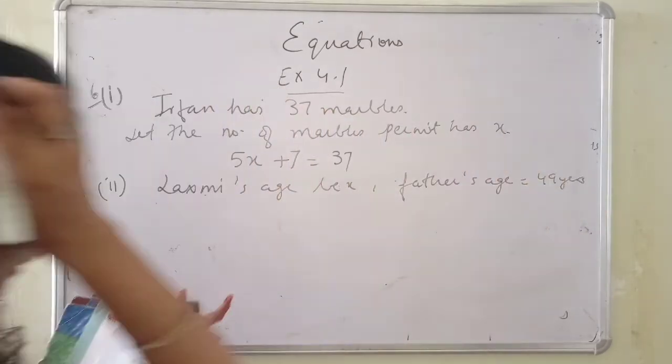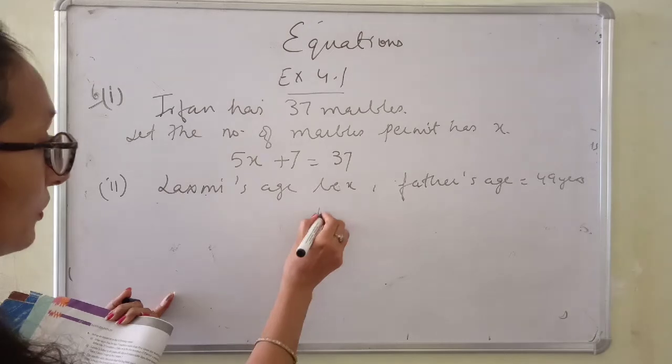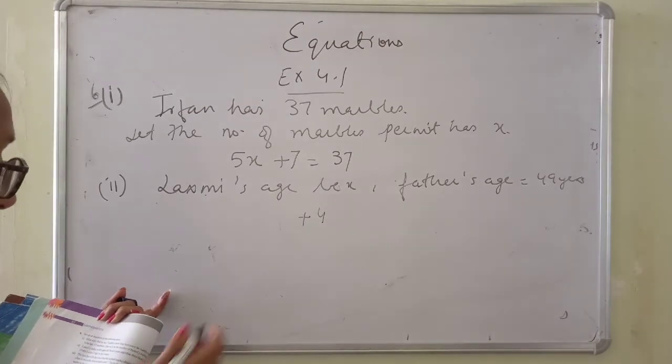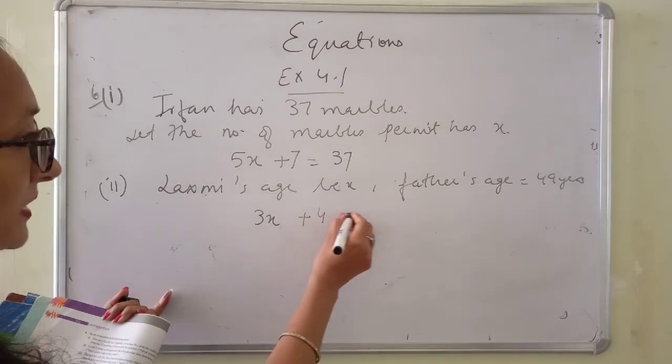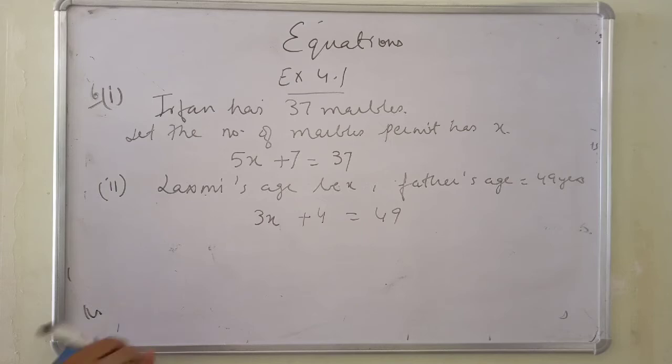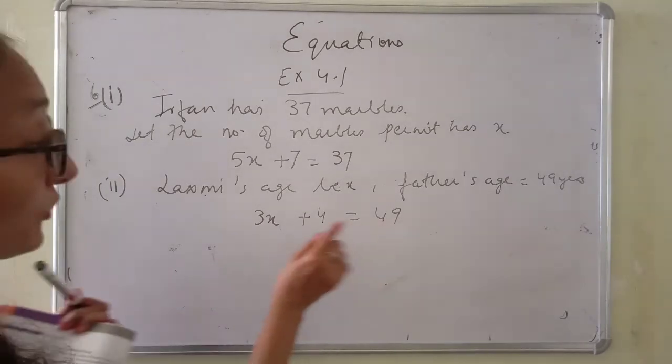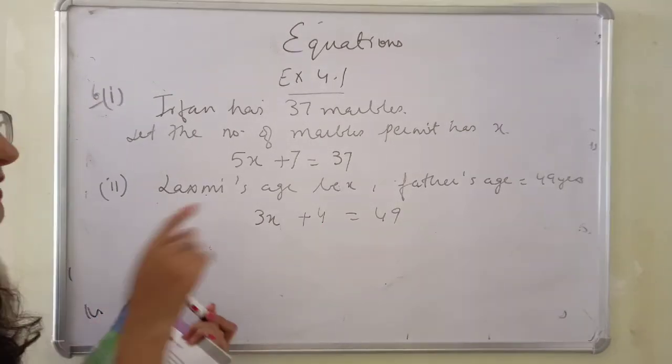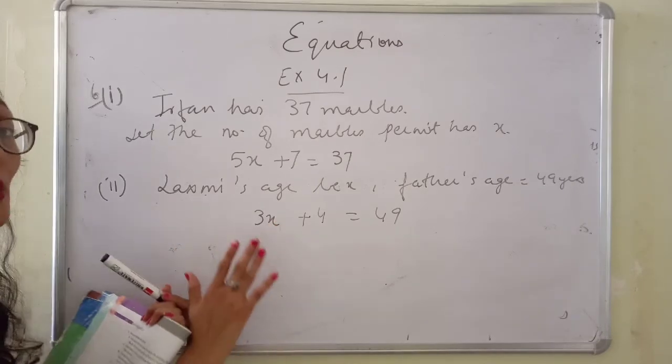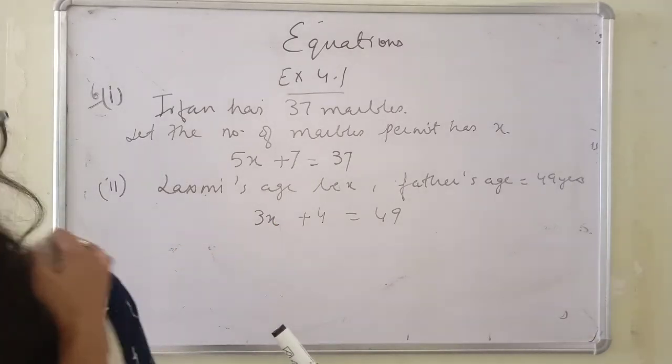Now according to the question, 4 years older than how much? 3 times Lakshmi's age, and this is equal to the father's age. 49 is the father's age, 4 years more, ज़्यादा है, then that means 4 is added to what? 3 times Lakshmi's age.